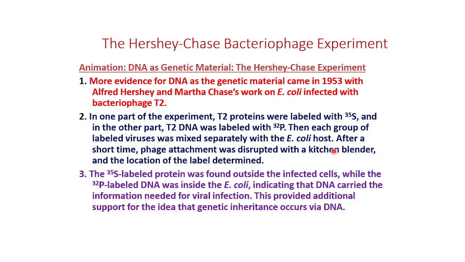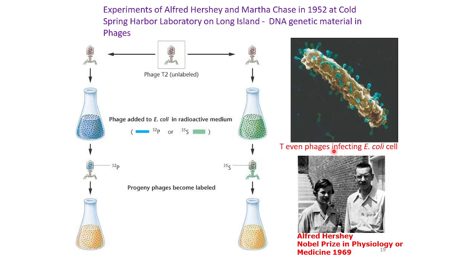And this provided additional support for the idea that genetic inheritance occurs within the DNA. So you see the bacteriophage, an unlabeled one, and then it's being labeled with 32P and 32S. So it also indicates that the genetic material can be passed on to the E. coli cells.